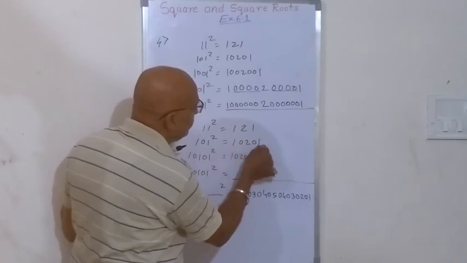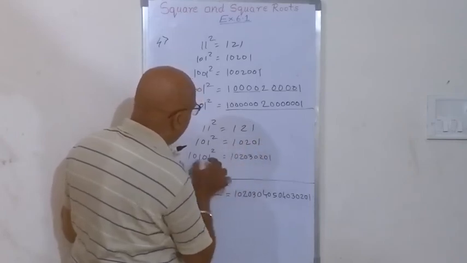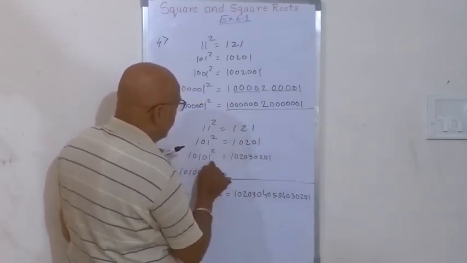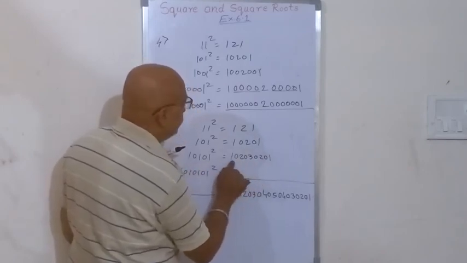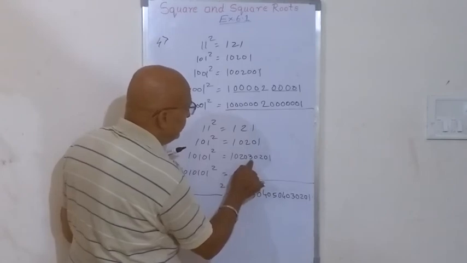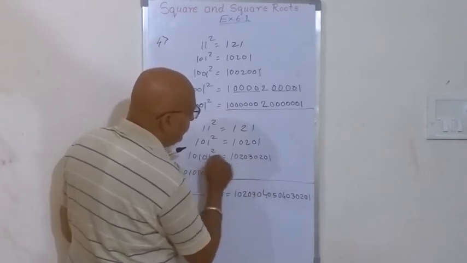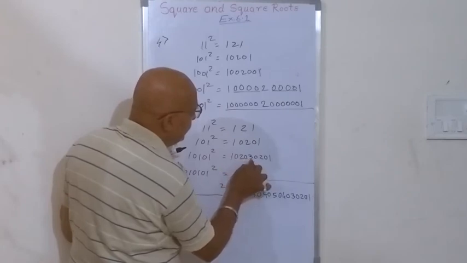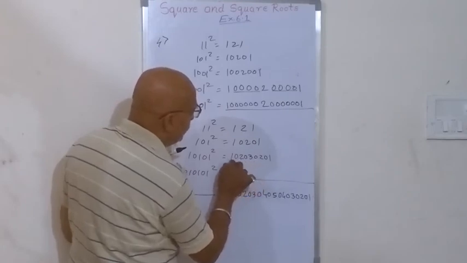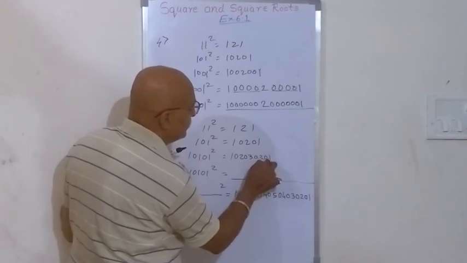Then the first one is repeated. But here as 3 ones are there, so we'll go for the 3 here. So 1 0 2 0 3, and then opposite of this, again come back: 1 0 2 0 3 0 2 0 1 0 2 0 1.